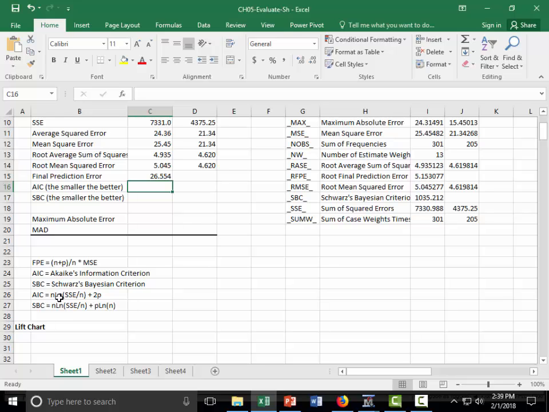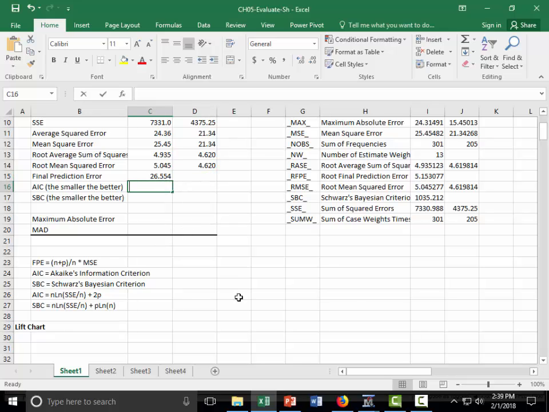So this is n times the natural log of SSE over n, plus 2 times p. You can see the final prediction error is not calculated for the validation set, because we are not predicting anything in validation. There is no p involved in the validation set.